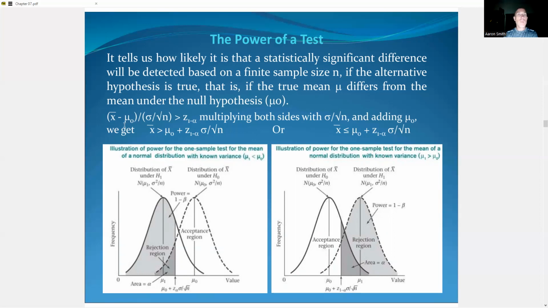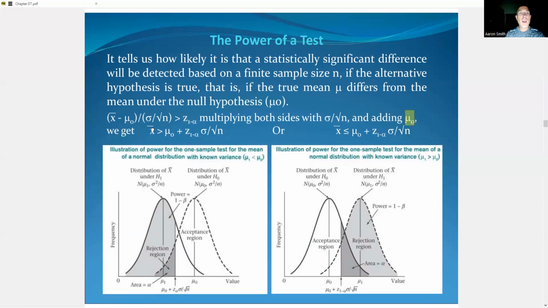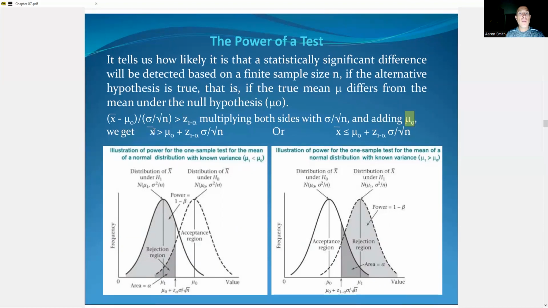So here, if I look at this fraction, x bar minus hypothesized value divided by sigma divided by square root n, this is greater than this cutoff value. Multiplying both sides by sigma divided by square root n and adding the hypothesized value, we get that x bar is greater than mu naught plus Z times sigma divided by square root n.